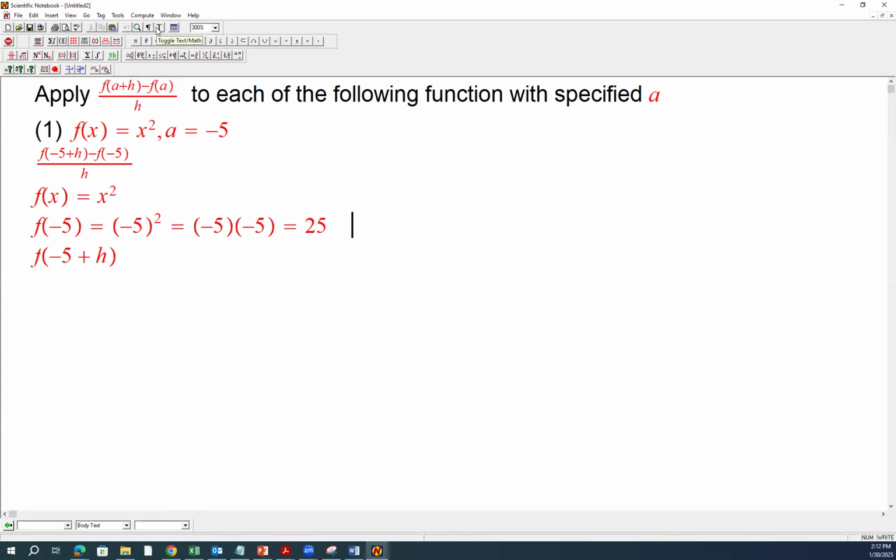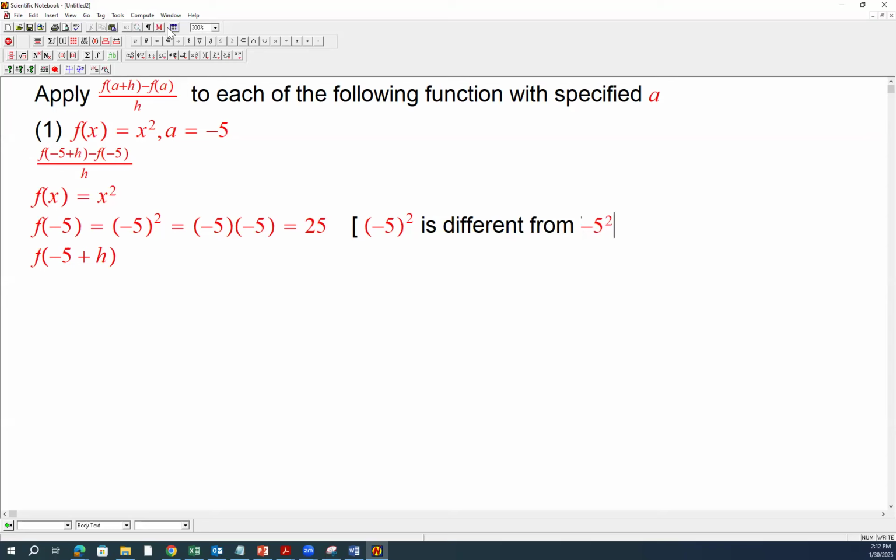Be aware that (-5) squared with parentheses about -5 is different from without the parentheses. Okay, so these two are different.